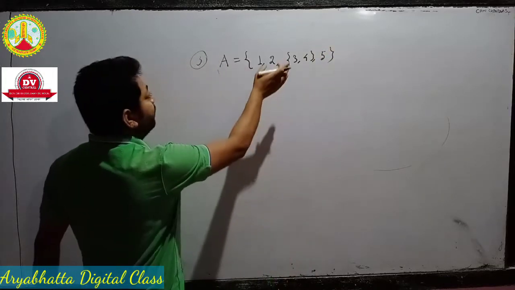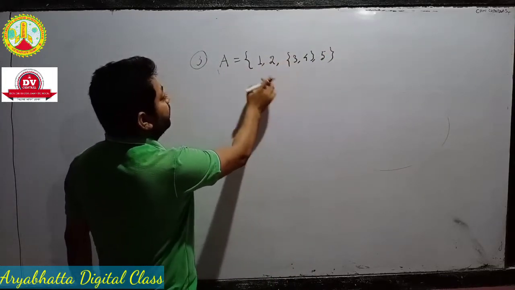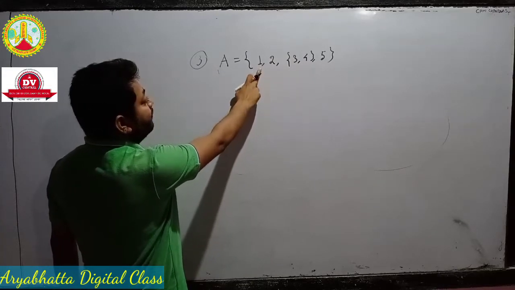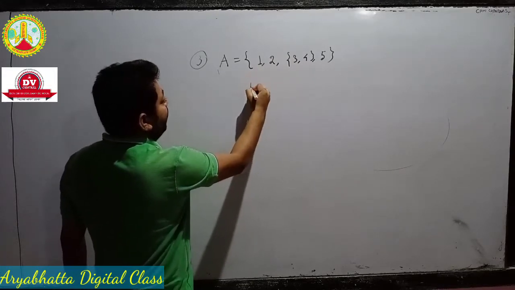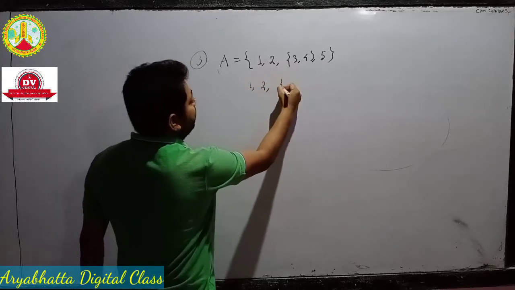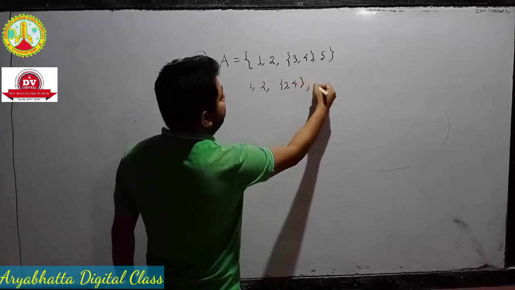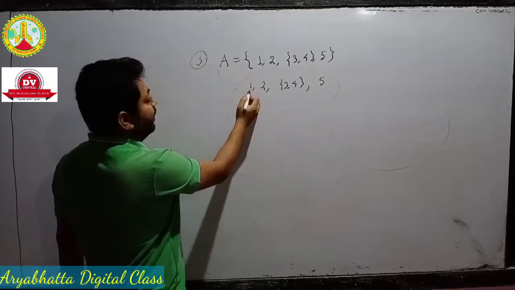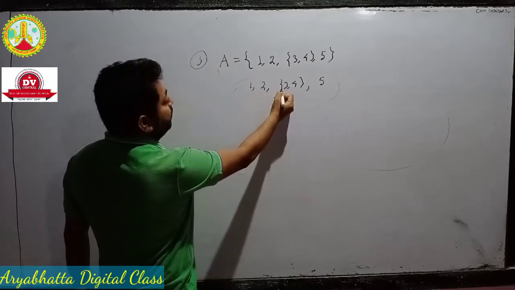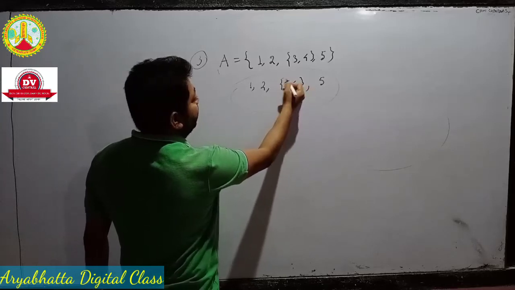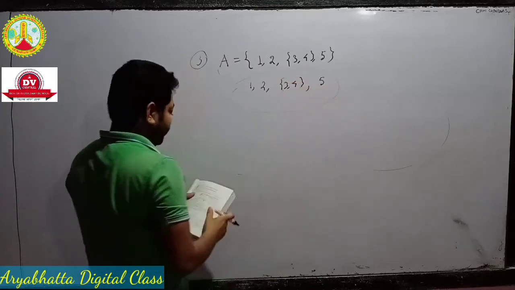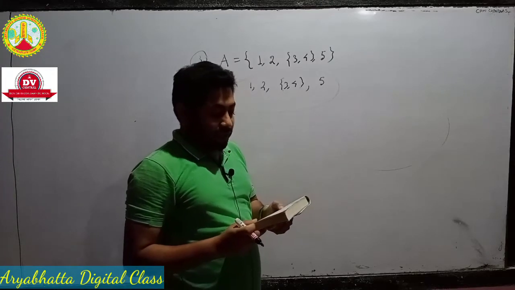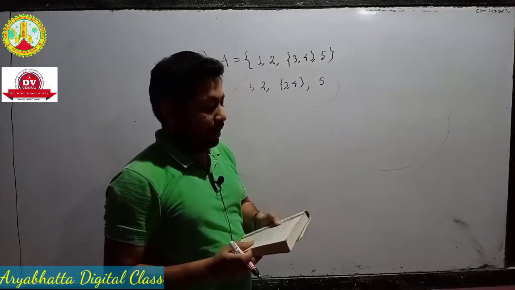Here the total number of elements of this set is 4. The elements are 1, 2, 3, 4, and the set {3, 4, 5}. Which of the following statements are incorrect and why?